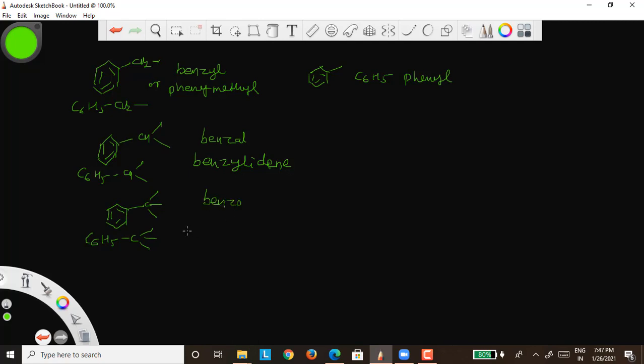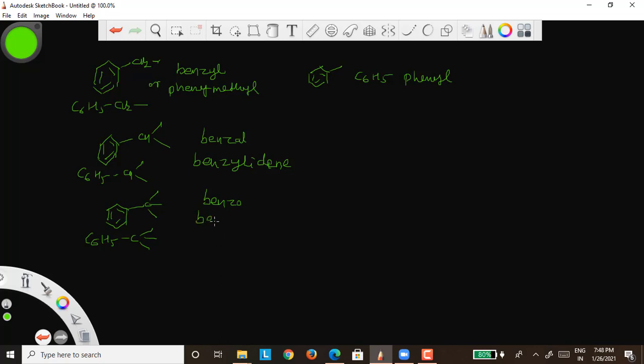Now this group is also known as benzylidyne. Benzylidyne means, suppose if it is alkene, ENE, alkyne, YNE, that way. So this name will be benzylidyne.